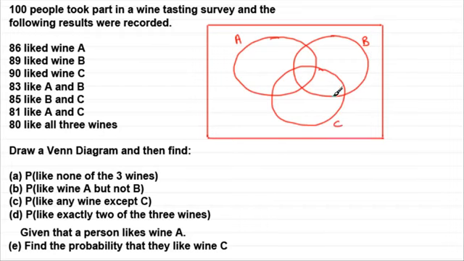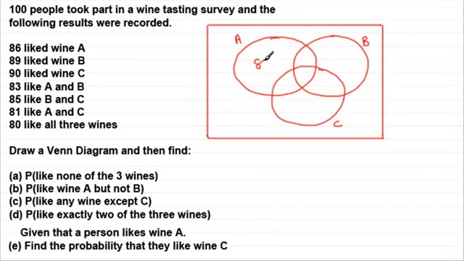Now, we're told that 86 liked wine A, okay? Now that means that in this set round here, this is the people who liked wine A, okay? It's not this bit just in here.